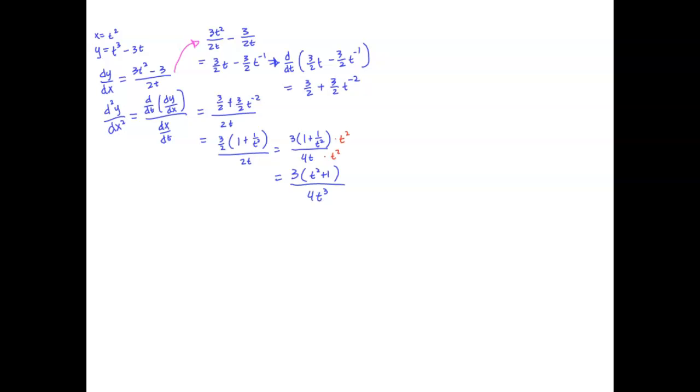So we'll set it equal to 0, and we'll solve. This is basically just going to eliminate my denominator. If I multiply both sides by 4t cubed, that's gone. So what I just end up with is my numerator, 3 times (t squared plus 1) equals 0. Divide out the 3.